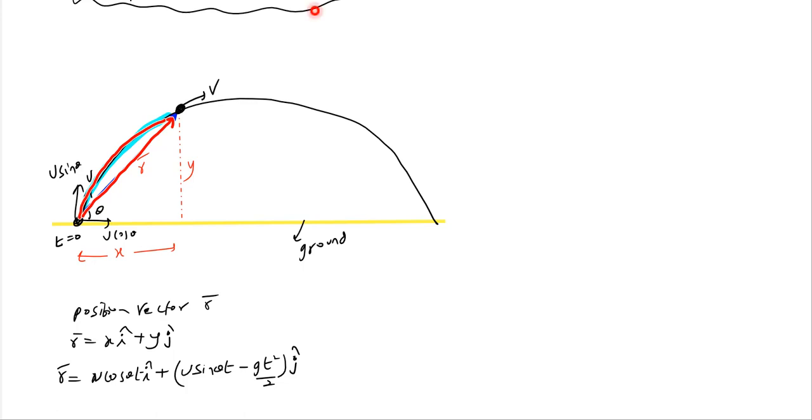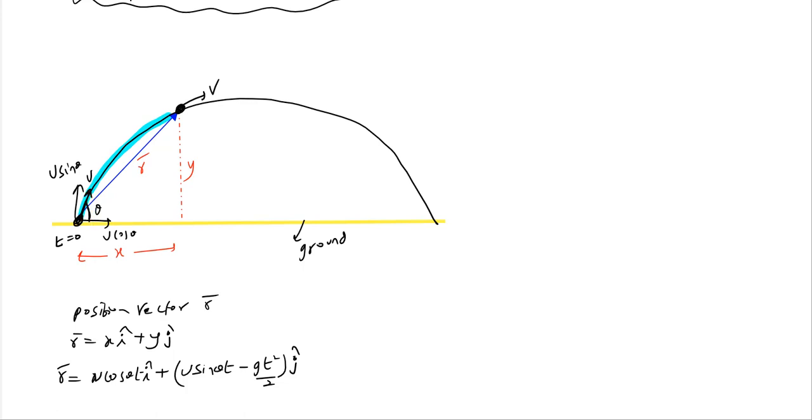Okay, then here we have two things. So what is theta, sir? Theta is the angle made by the velocity vector with the horizontal.